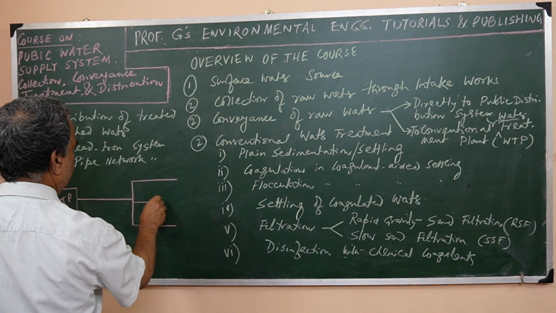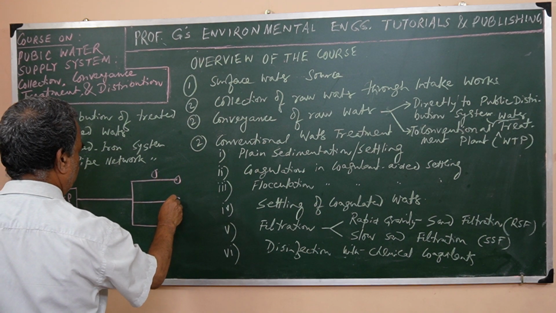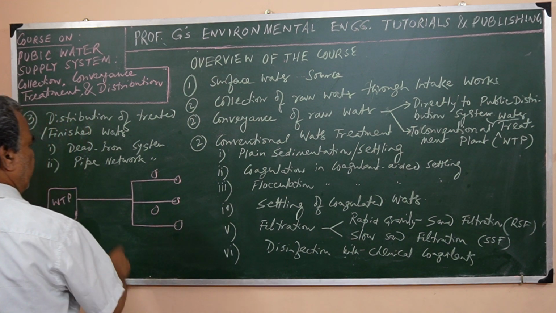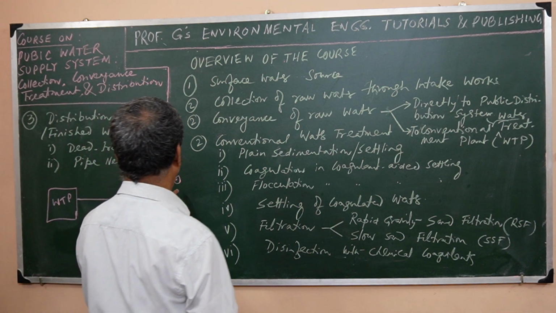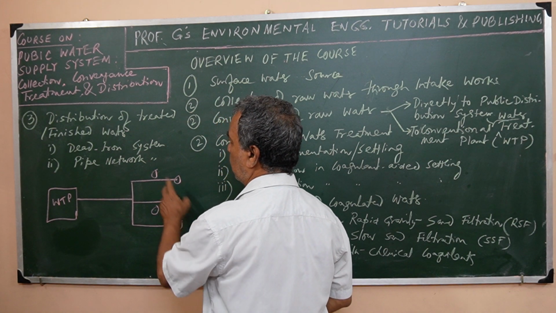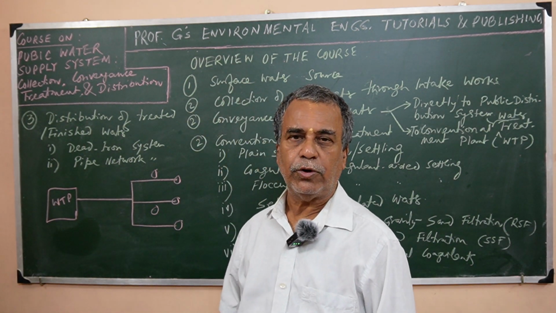So here some localities, here some localities, so the supply is there. As you notice here, this is open-ended, so this is called the dead end system also. That is a very, very old system.